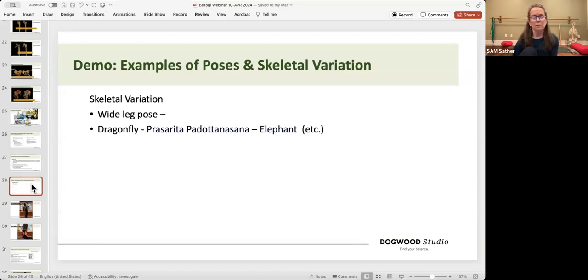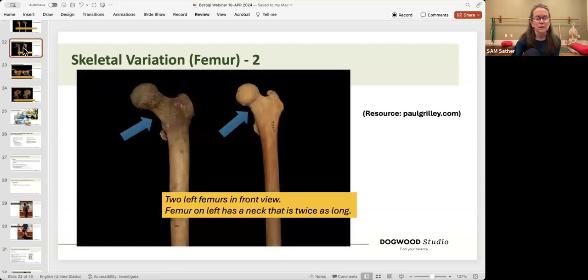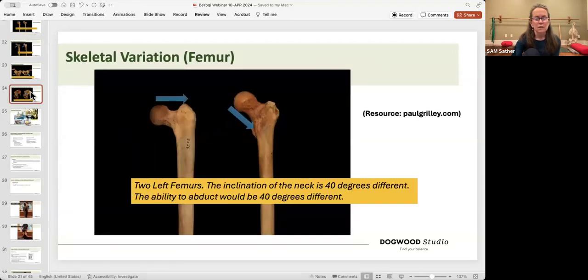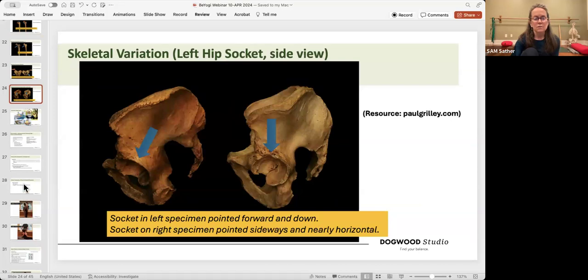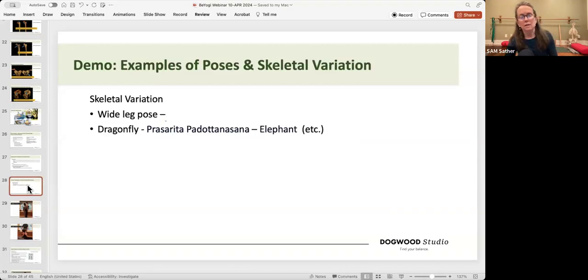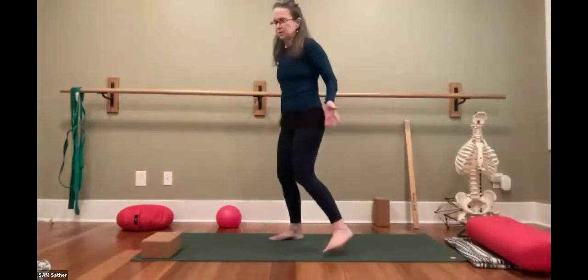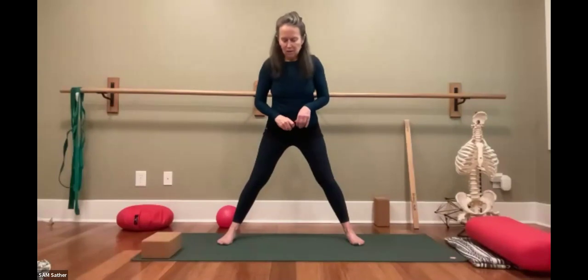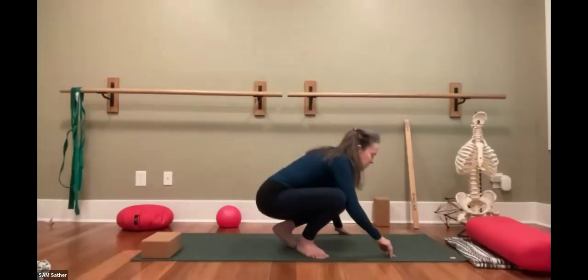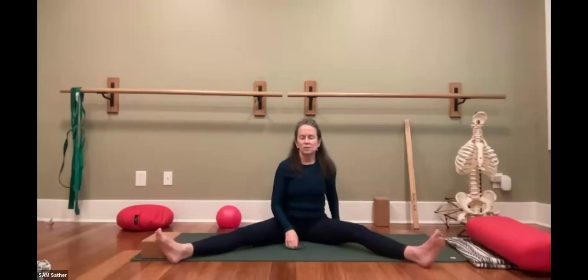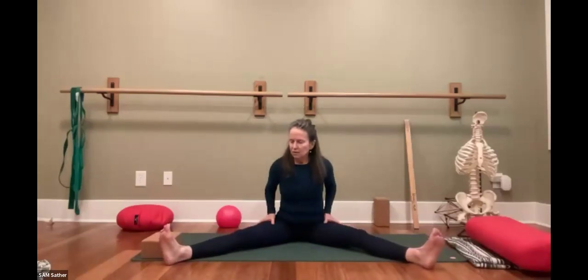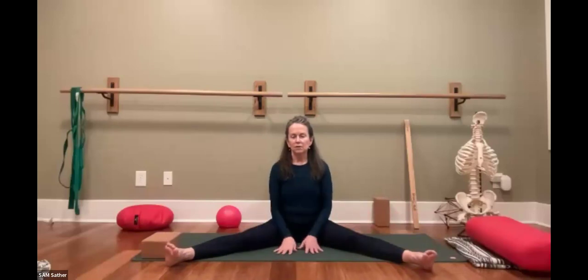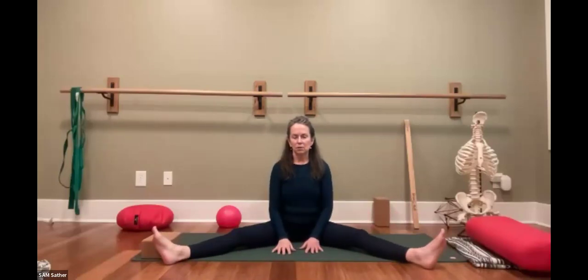So when we think of these bones and these pelvises, think of someone that is going to come into dragonfly or wide feet pose or elephant, depending on how you practice, who taught you, and what they're called in Sanskrit or not. When someone comes to sit and brings their legs out to the side, watch their feet; they might turn in, they might turn out.